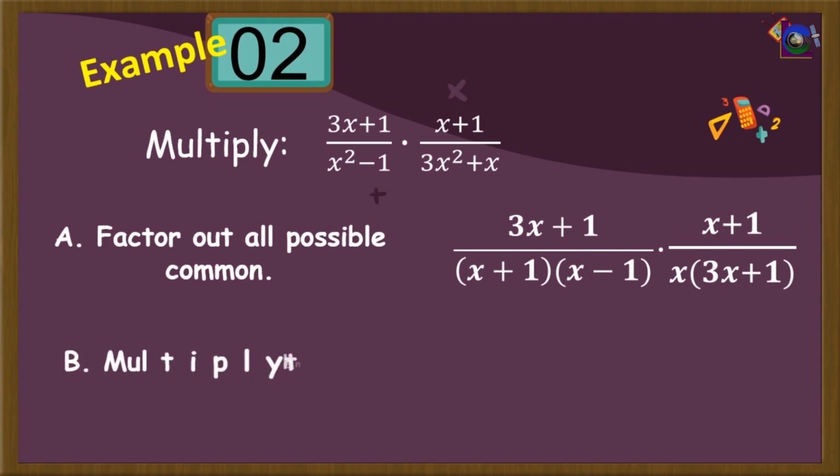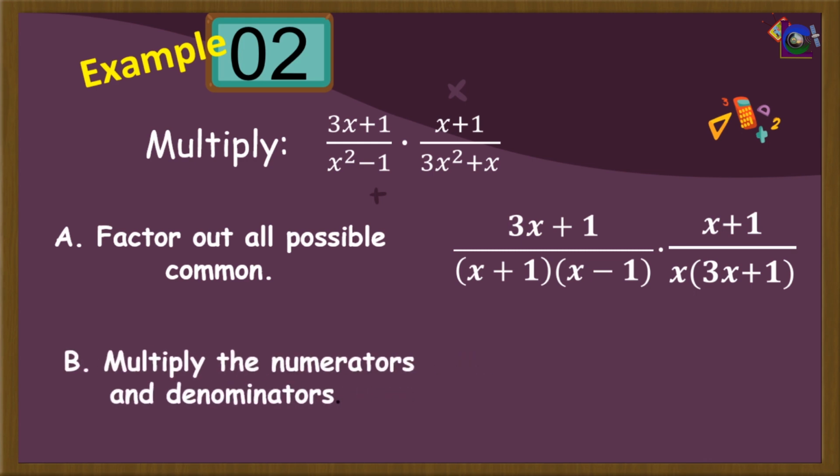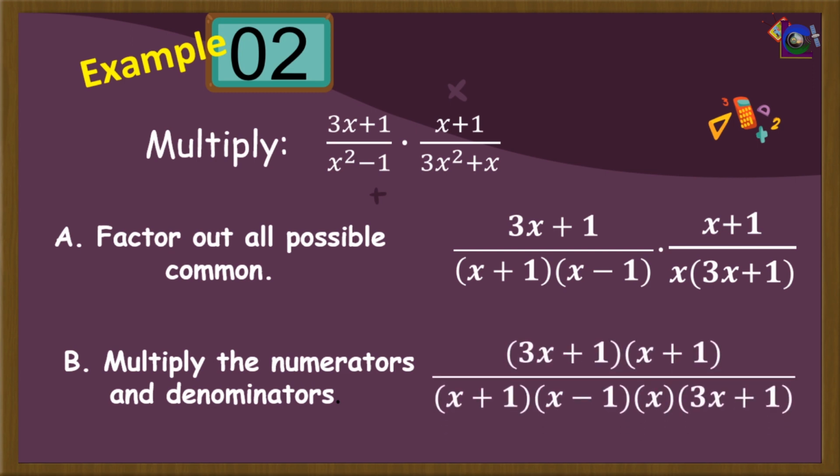Letter B. Multiply the numerators and denominators. So this becomes the quantity of 3x plus 1 times the quantity of x plus 1 all over x plus 1 times the quantity of x minus 1 times x times the quantity of 3x plus 1.